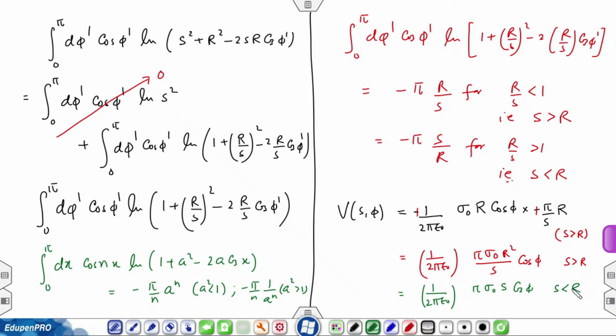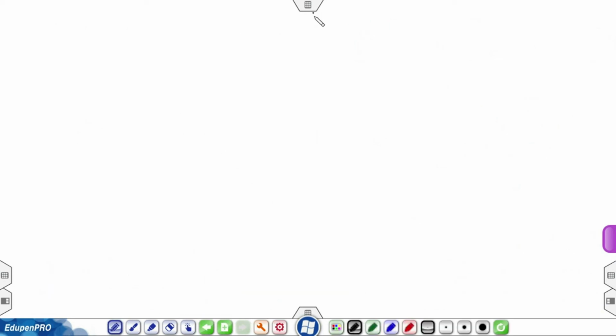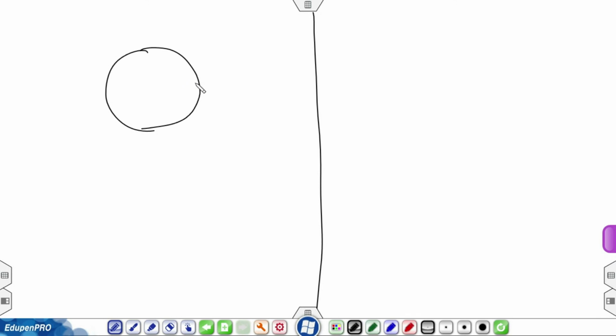So, I have gotten the formula for the potential. What do we have? If I go to the next slide, I have this spherical shell, and inside the potential is s cosine phi.